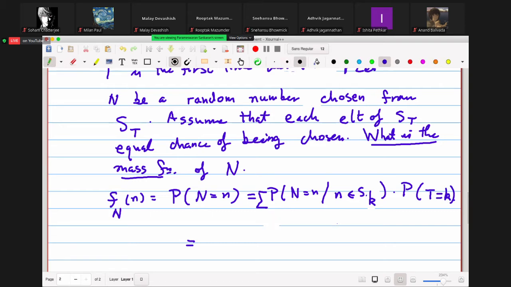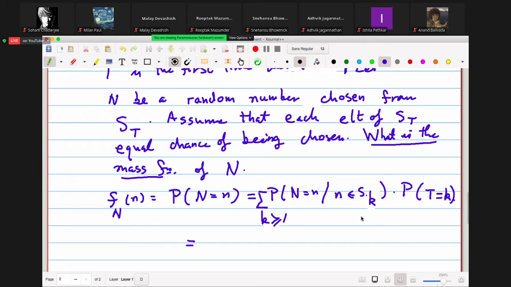Now, of course, there will be exactly one k for which n will belong to S_k. The moment you are given an n, n is prescribed for you, and it will belong to a unique S_k. Which k is that? Look at the number of digits.